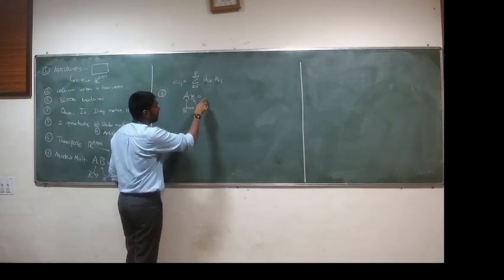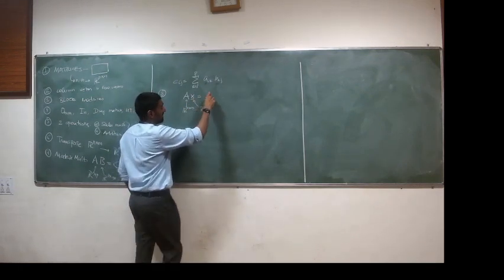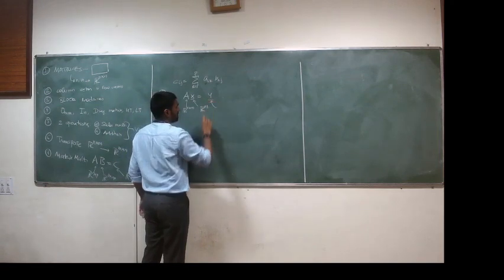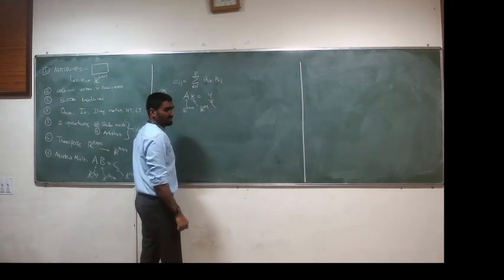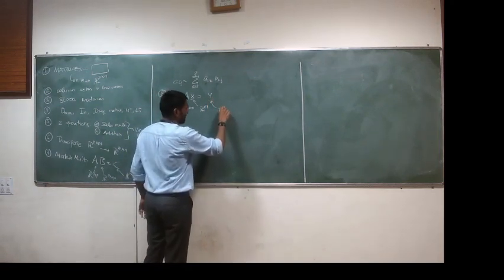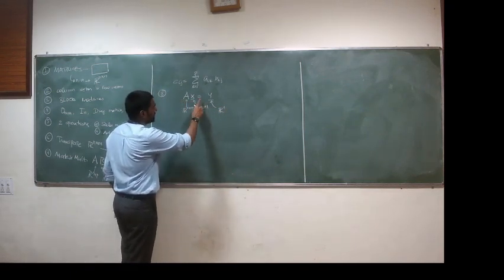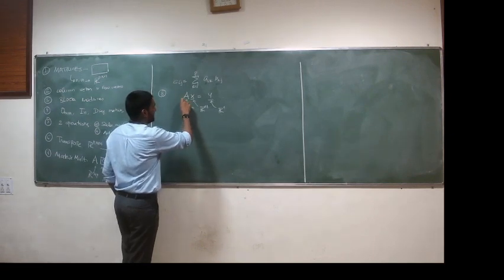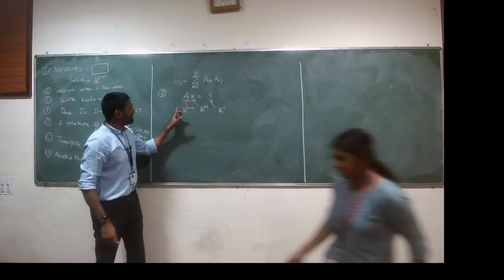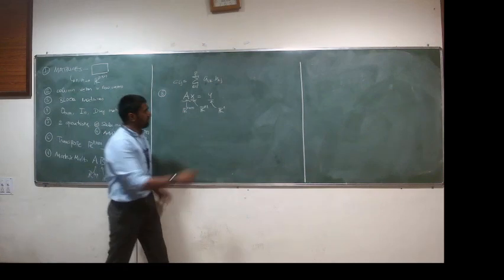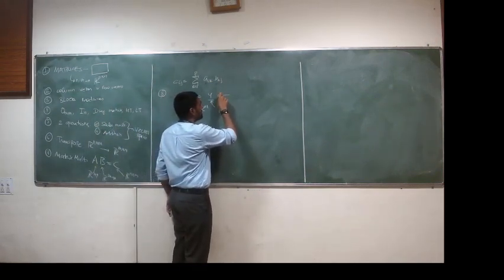If I do this operation, what would be the size of this? It will simply be in R^n, or n cross 1. But not just that, right? We looked at what was really going on here. When you post multiply a matrix by a vector, what is really going on?